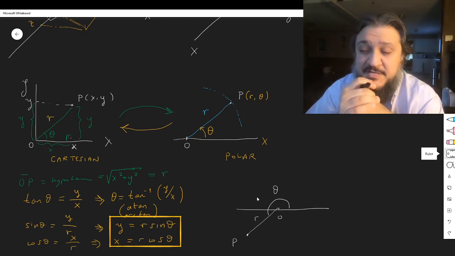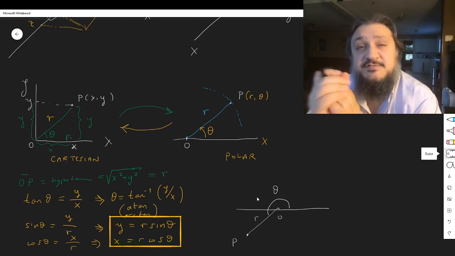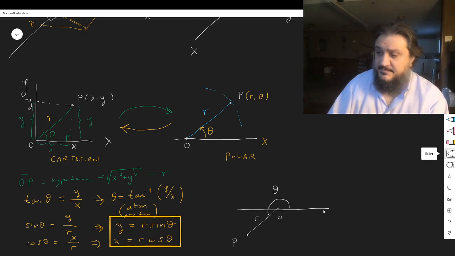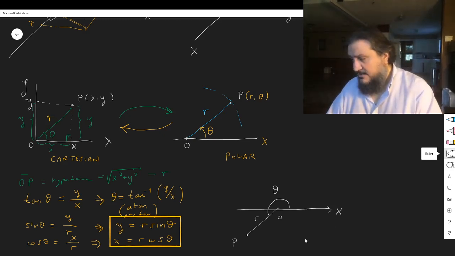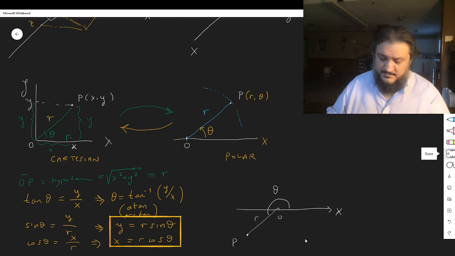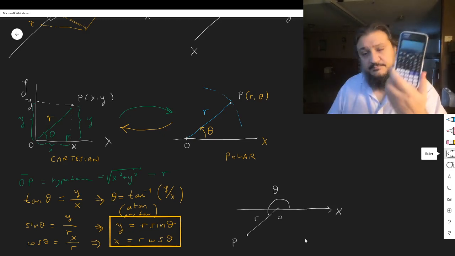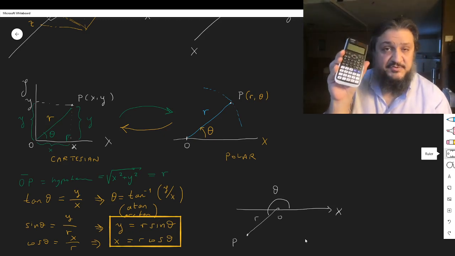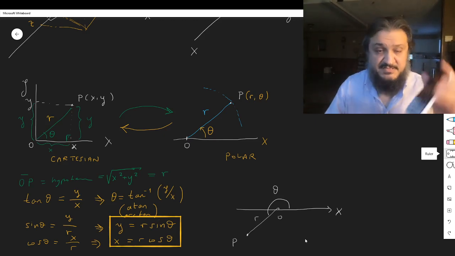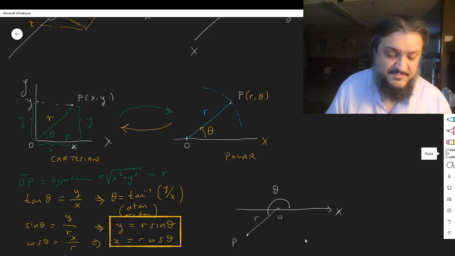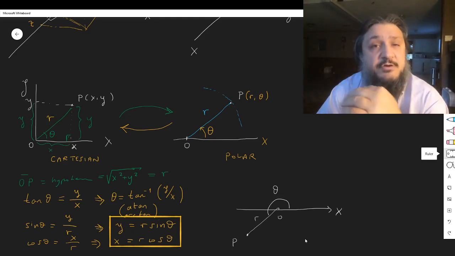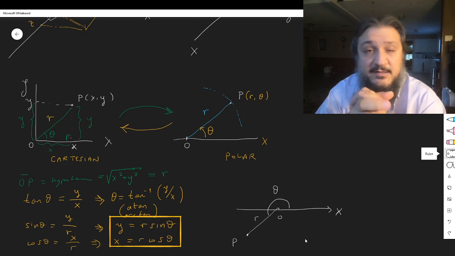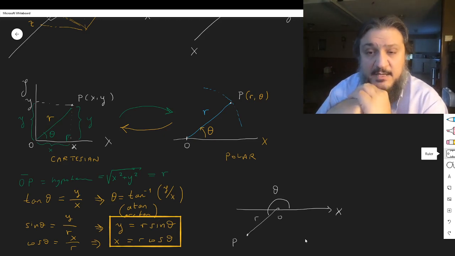So as long as you measure your angles from the positive x-axis, these two formulas work just fine, okay? Just take your calculator and make sure it's set to degrees, because it also calculates in radians, which I will talk about later. So just punch in your numbers, sine and cosine, you find the corresponding x and y, all right?